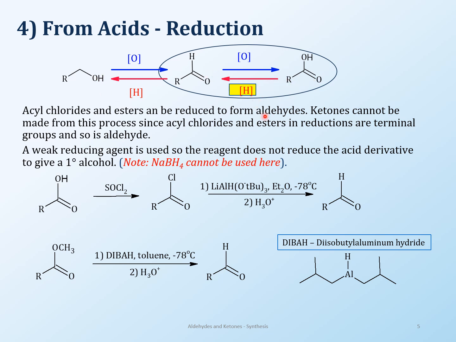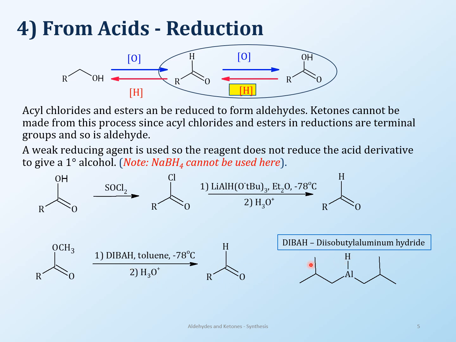So here what we end up using is this kind of aluminum reagent, which is substituted with alkyl groups, so it makes it weaker. And then here's another one, DIBAL, and this is the one that you can use because it has a nice shorthand, so you can easily remember this. This is the structure for DIBAL, which is diisobutyl aluminum hydride. So here the isobutyl groups, aluminum, and then the hydride group.